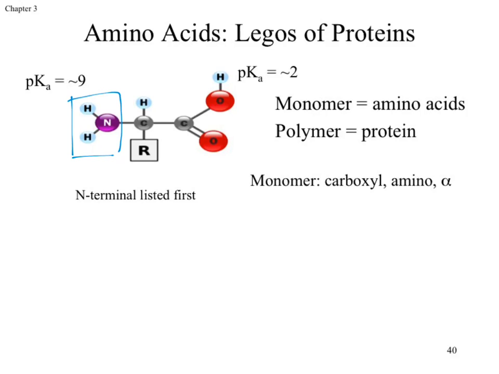Okay. The acid part in our amino acid is then the other end, and we have a carboxylic acid. That's our basic piece within this. Our amino acids are monomers, the single unit.